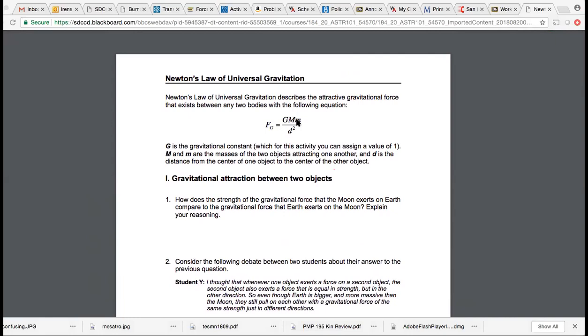Okay, so they tell you that the size of the Earth remains the same. This is now the distance from the center of the Earth, so the radius of the Earth. So let's say that stays the same, but what happens over here? The mass of the Earth doubles. So somehow, hypothetically speaking, the Earth has more mass. It's much denser.